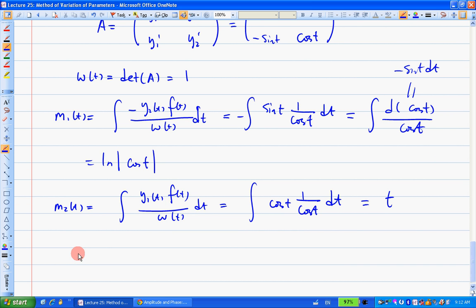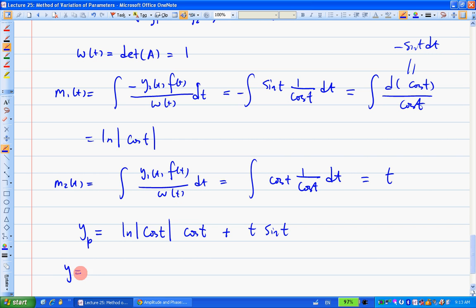So overall your y_p is m1, this term, multiplied by y1, which is cosine t, plus m2, that's t, multiplied by y2, which is sine t. So that's your particular solution for this non-homogeneous one. The last step is your general solution is y_h plus y_p.